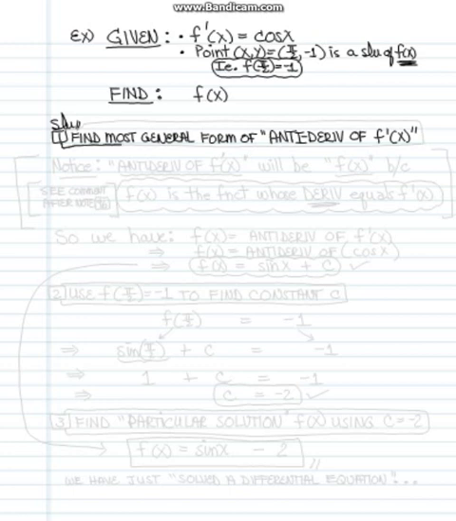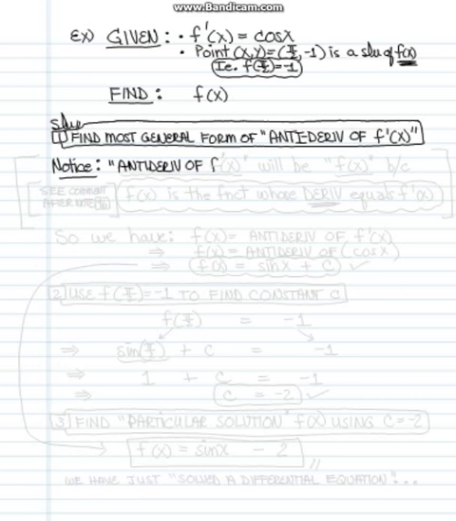See, we're given f prime of x. We're going to find the "antiderivative" of f prime of x. I put it in quotations. Here's what you have to concentrate on. The antiderivative of f prime of x. And I mentioned this in the previous video, but I want to emphasize it. The antiderivative of f prime of x will be f of x.